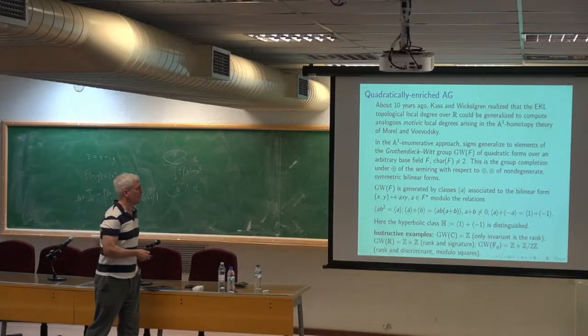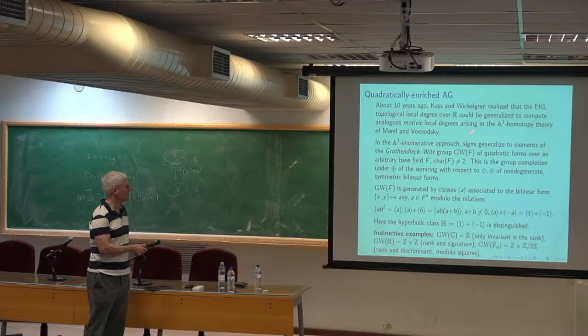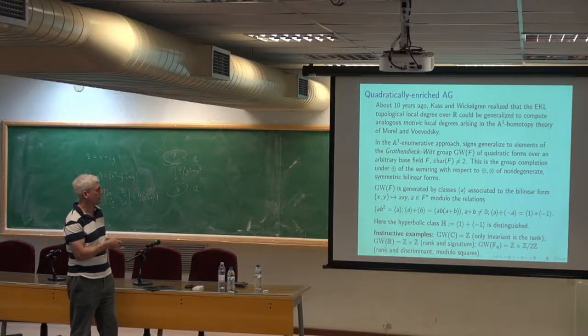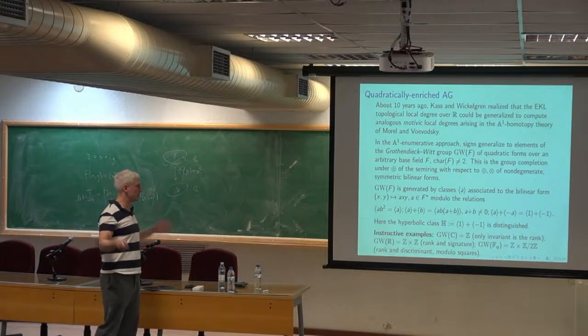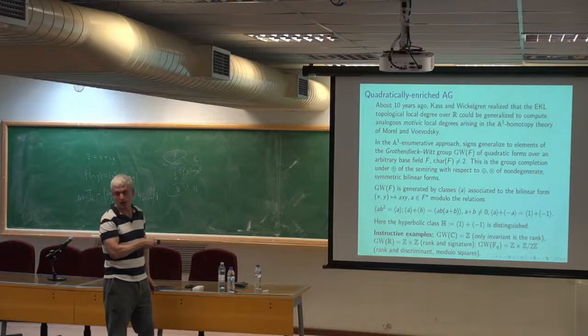Okay, so what's interesting, and is part now of more recent history, is that about 10 years ago, Jesse Cass and Kirsten Wickelgren realized that the EKL topological local degree over the real numbers could be vastly generalized to compute what are known as motivic local degrees in the sense of Morel and Voevodsky.